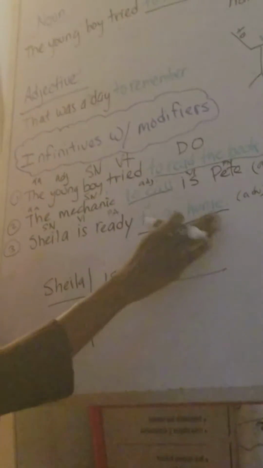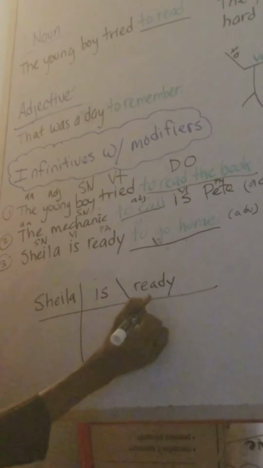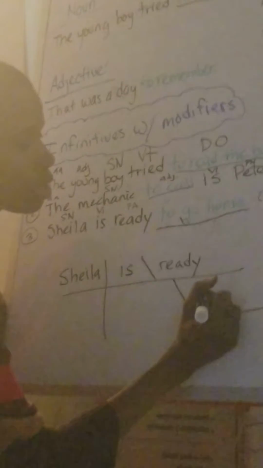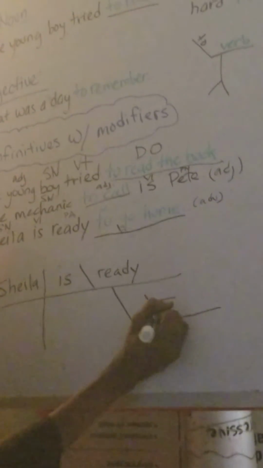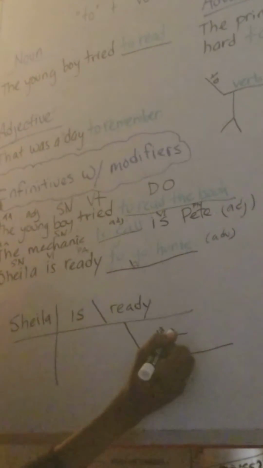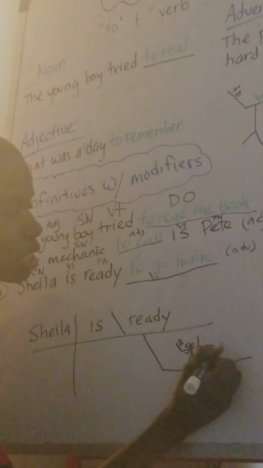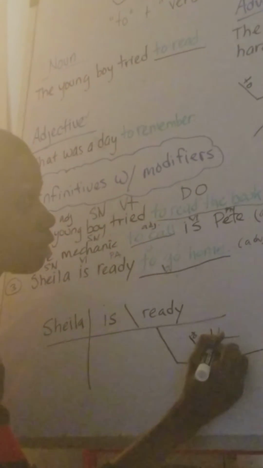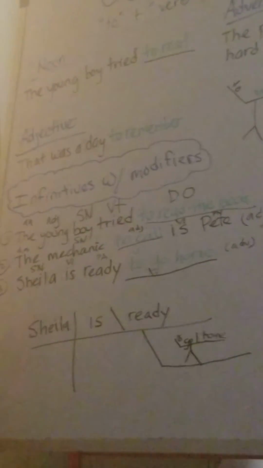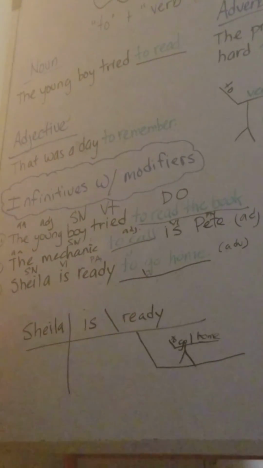Now again, this has its own line and it modifies ready. So we make our modifier here. Our stick figure goes here. To goes here. Go. And now we need a line for a direct object, home. And that's how we would modify each of these infinitives with its own modifiers.